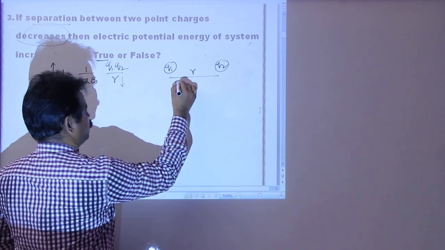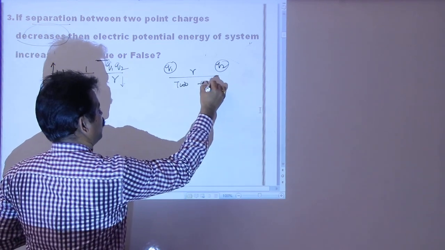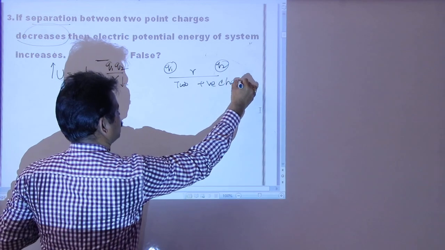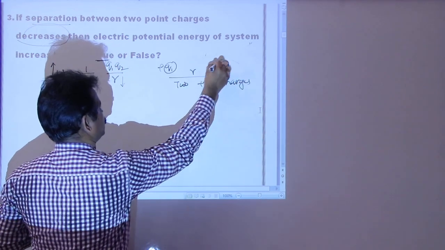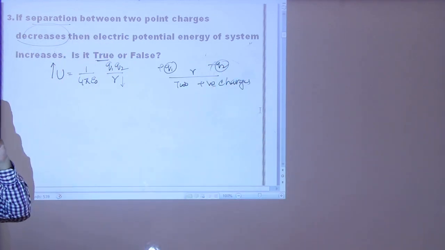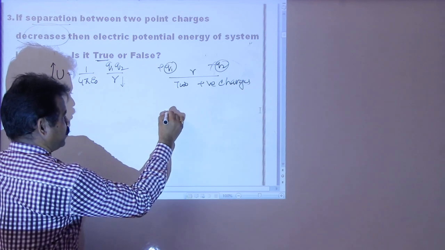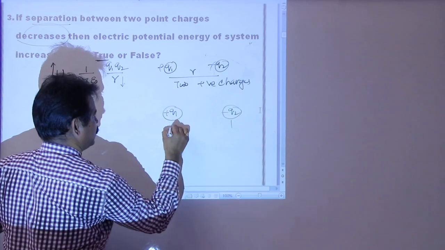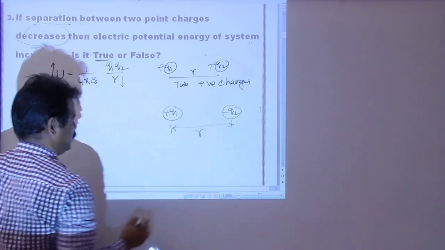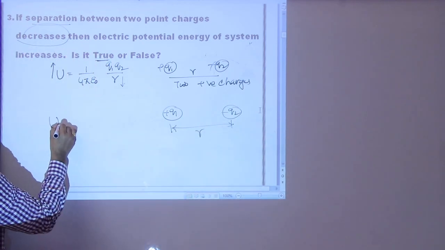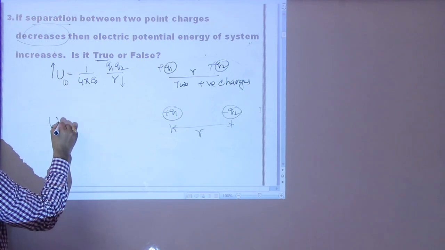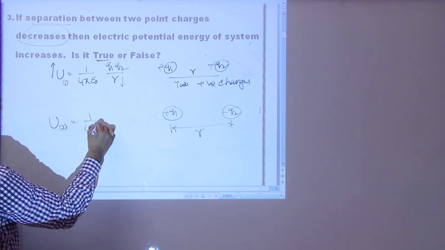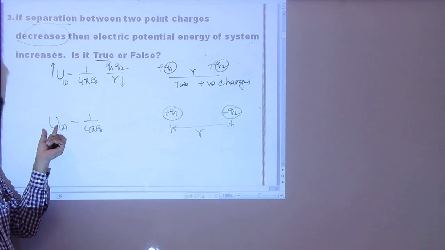It is true in the case of two positive charges. If both are positive, yes, potential energy increases. Let us say you take plus Q1 coulombs here, minus Q2 coulombs here, and this distance is r. Now what is the potential energy in the second case? This is U1, this is U2, this is 1 by 4 pi epsilon naught.